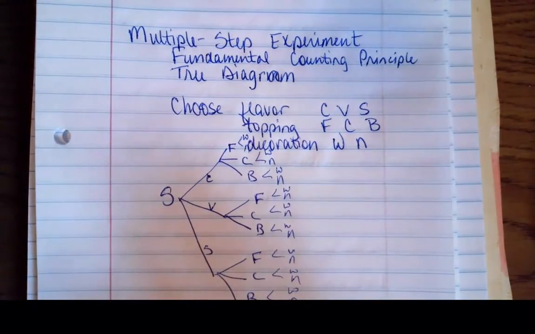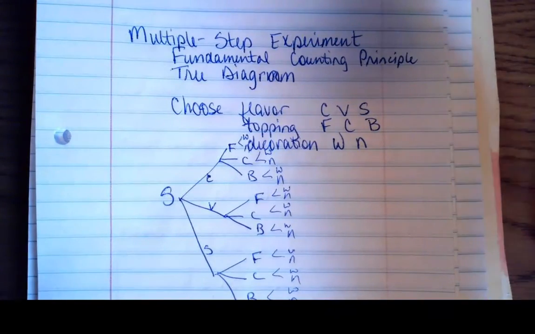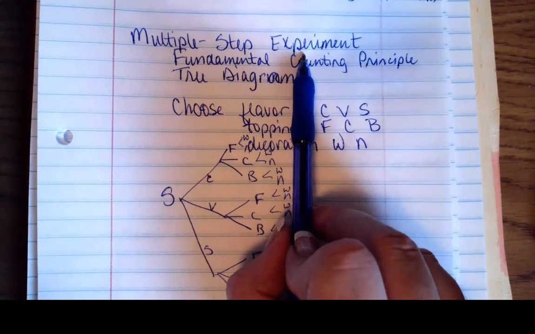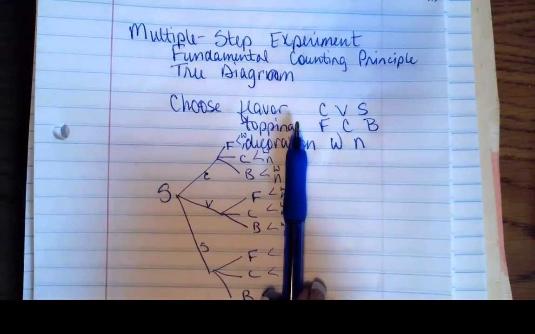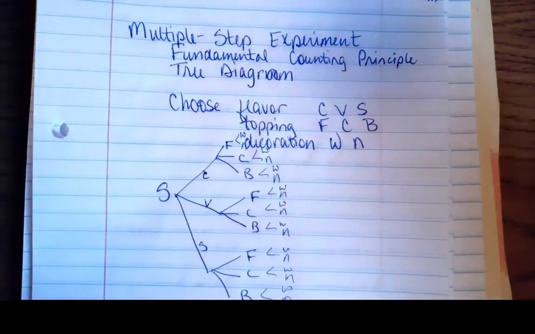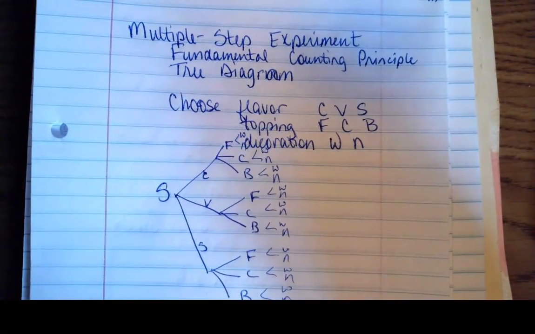So there's got to be an easier way than making a tree diagram. That's where the fundamental counting principle comes in. It says that with a multiple step experiment, and I keep repeating that because we've got a phase 1, phase 2, phase 3, or a step 1, step 2, step 3, what you can do is multiply the number of outcomes on each one.